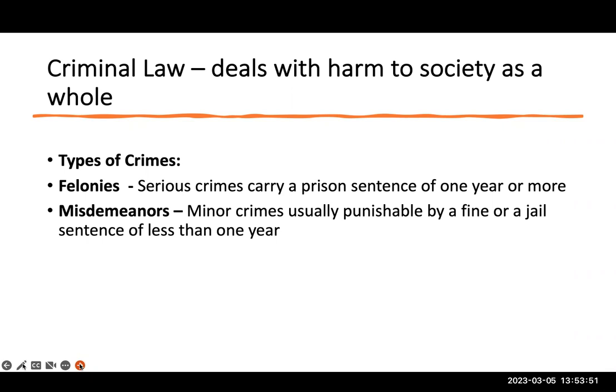The government can, and often does, prosecute spousal abuse cases as crimes over the objection of the battered person. Again, the idea is, although an individual was harmed, it really was a harm to society as a whole, and with the idea of deterring future episodes of spousal abuse.